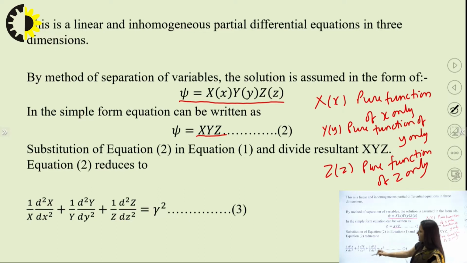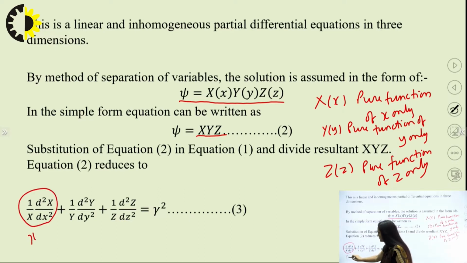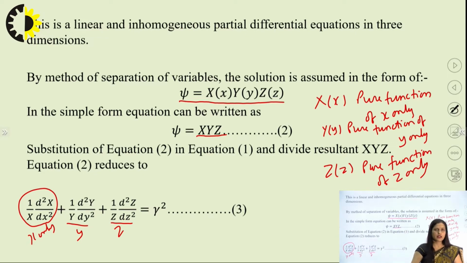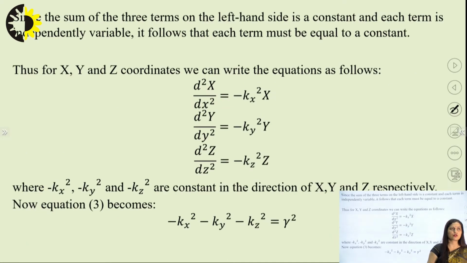Again we see that the first term is a pure function of x only and is dependent only on x. It means it is independent of y and z. So any term which is independent of the other variables, we can consider it as a constant.